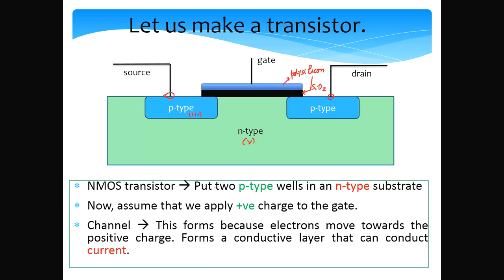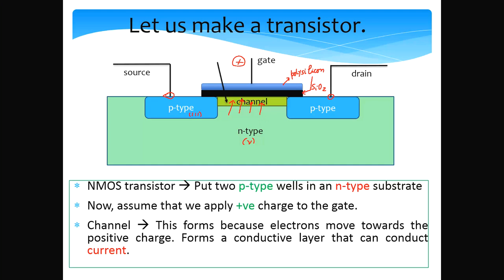So now let us assume that we apply positive charge to the gate. If we apply positive charge to the gate, what will happen? Right, so let's assume that there is positive charge to the gate. So what will happen is that all the electrons will start migrating towards the gate. So in this case, a channel will form, a channel of electrons. So this will form because all the electrons will migrate towards positive charge.